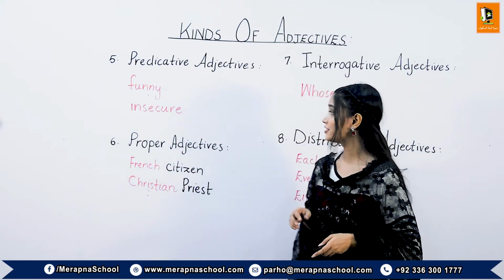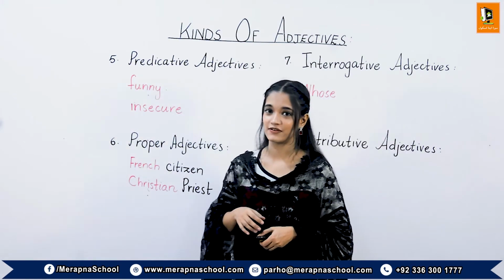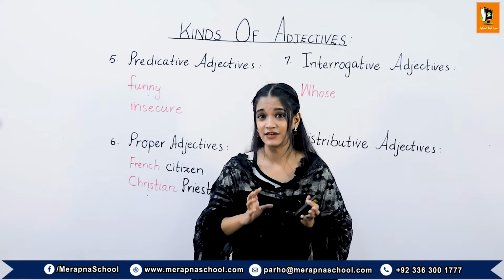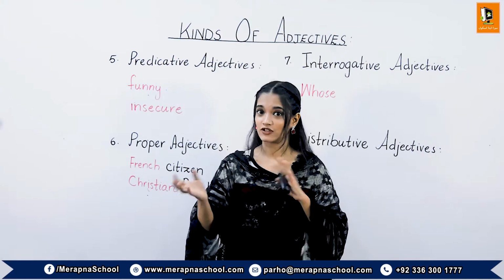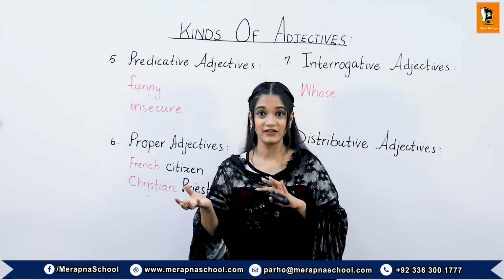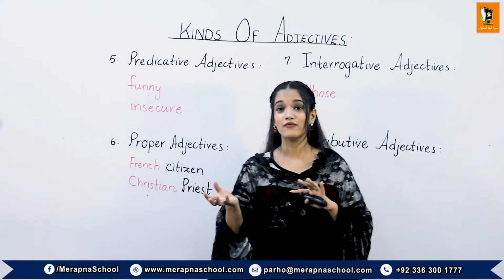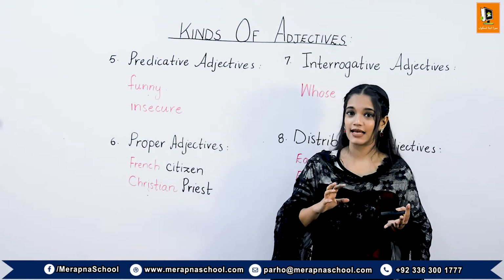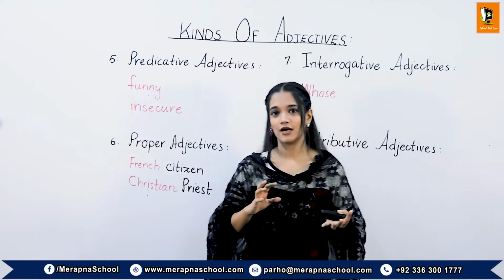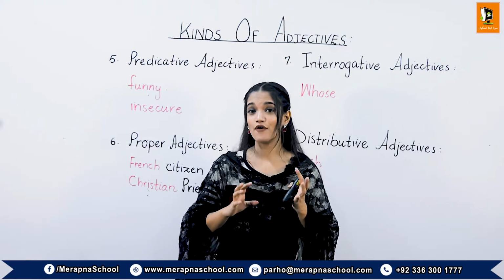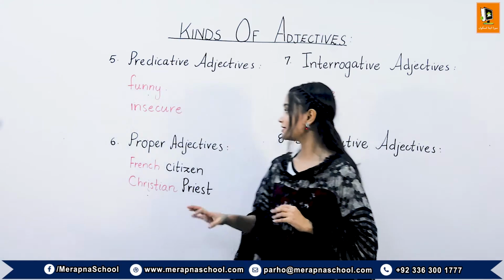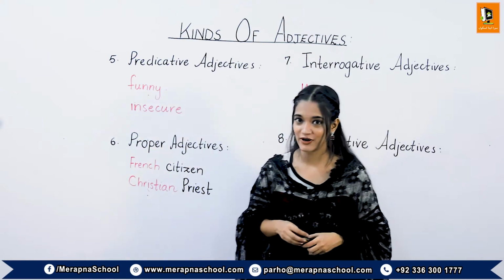Now we are going to talk about the proper adjectives. I have talked about the formation of adjectives, that adjectives can be formed from nouns. These nouns can be proper nouns or common nouns. The adjectives formed from proper nouns are called proper adjectives.